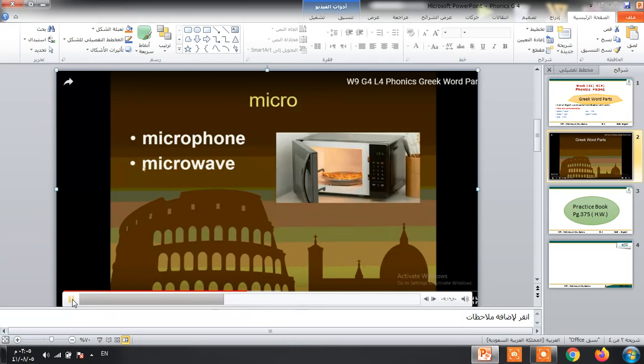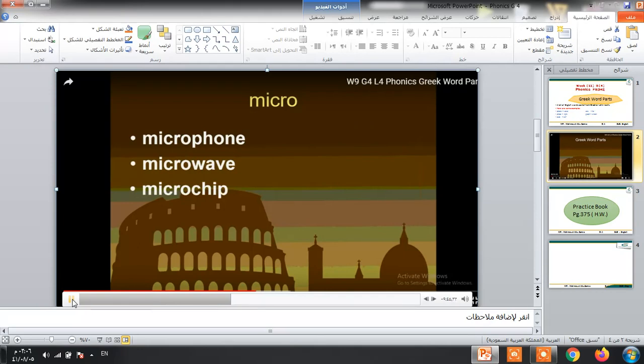The word micro means small, and waves are the loops that go up and down. Microwaves are the heat waves that heat our food, and from it we call this device a microwave, as it uses microwaves to heat our food inside.